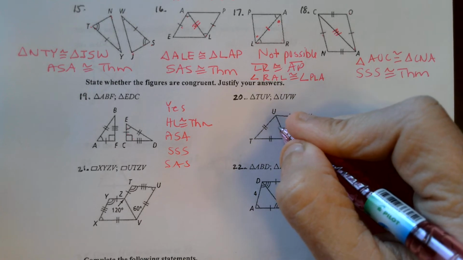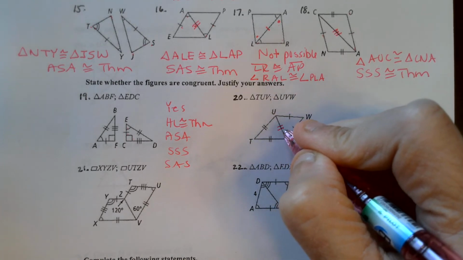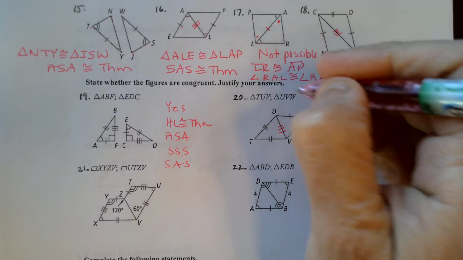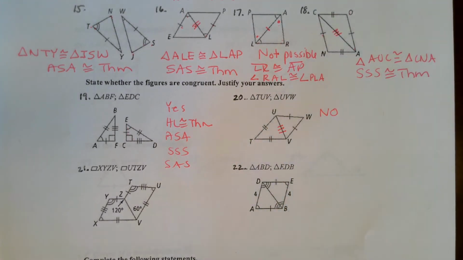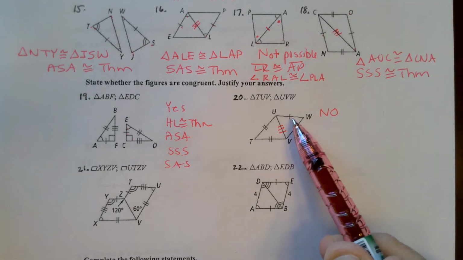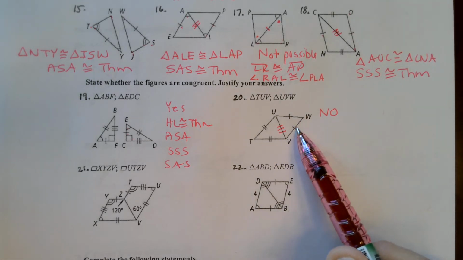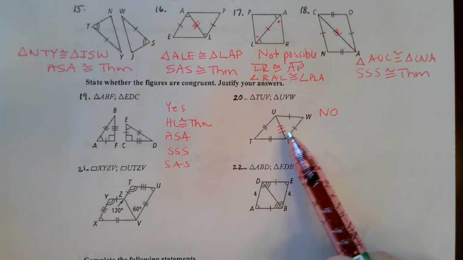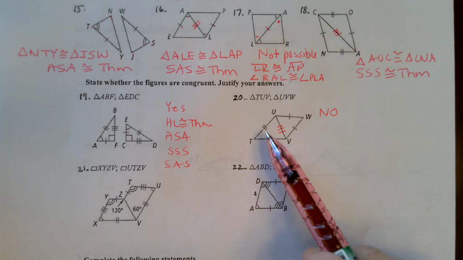Let's look over here. Ooh, this is no. Did you guys get that? Or did you put yes, SSS? It is not SSS. Look at, these are the same. You gotta have different pairs. This doesn't match. This doesn't match. They match each other.